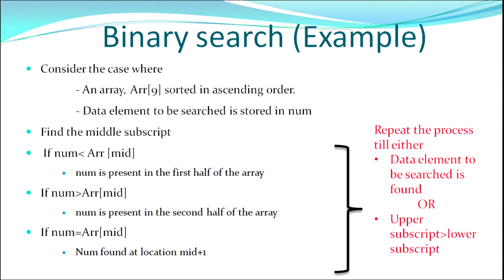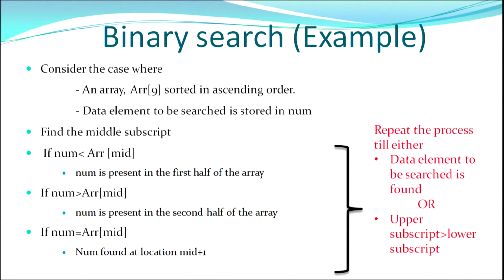There can be 3 situations, either the number that I want to search is less than the middle location value, it can be greater than the middle location value, or it can be equal to the middle location value. So, if it is less than the middle location value, the data to be searched is present in the first half of the array.